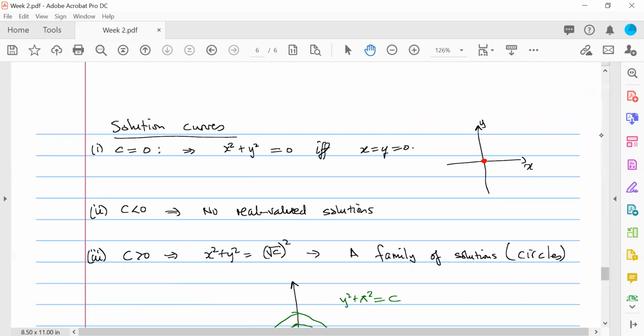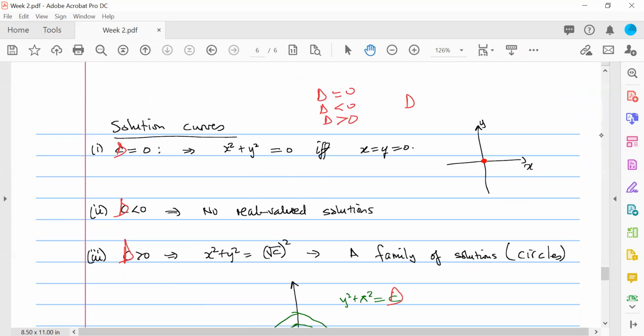So now we want to sort of check. So this is d. Let me put it as d. So we know that d can be equal to 0, d can be less than 0, d can be greater than 0.